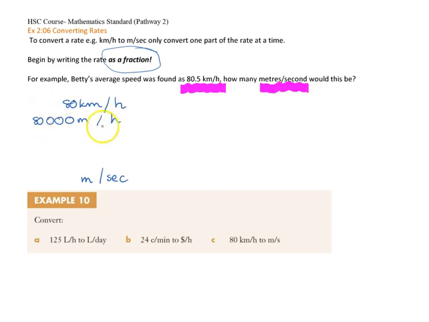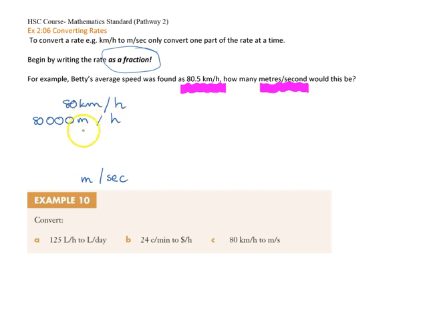Now, I haven't changed anything about the size of this rate at the moment. I've changed the units, but these two things measure exactly the same distance. 80 kilometres is exactly the same distance as 80,000 metres.